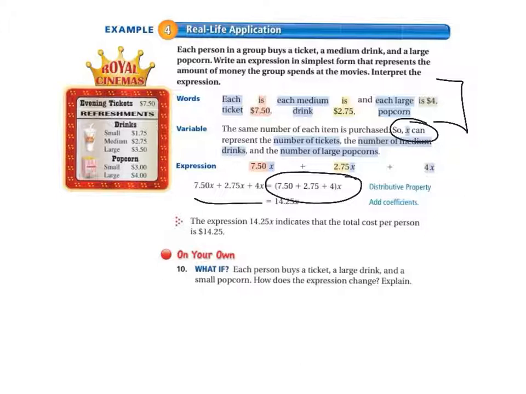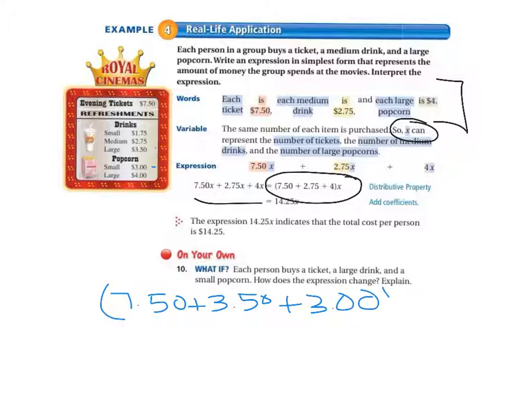So let's look at the on your own. What if each person buys a ticket, a large drink, and a small popcorn? So the price of the ticket doesn't change. We've got $7.50 for the price of the ticket, plus the large drink is going to be $3.50, plus the cost of a small popcorn is going to be $3.